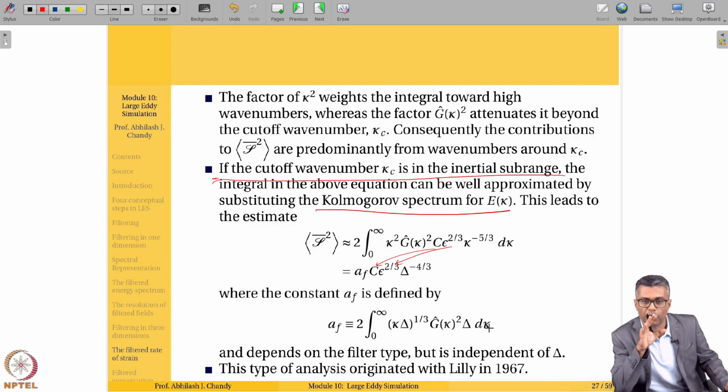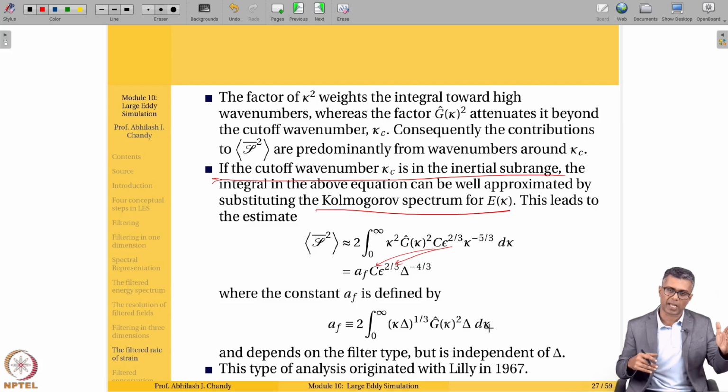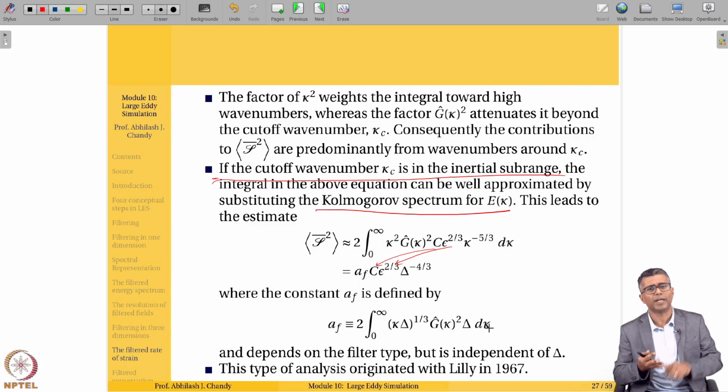Now this is my motivation for doing it. Earlier, whenever we were looking at energy spectra, I always presented them in a scaled form. Energy spectra was scaled on the y-axis, but even on the x-axis, I've always not just looked at kappa. I've always normalized it with either the integral length scale or the Kolmogorov length scale, mostly the Kolmogorov length scale, right? So we always had kappa eta, kappa 1 eta, or kappa L11.